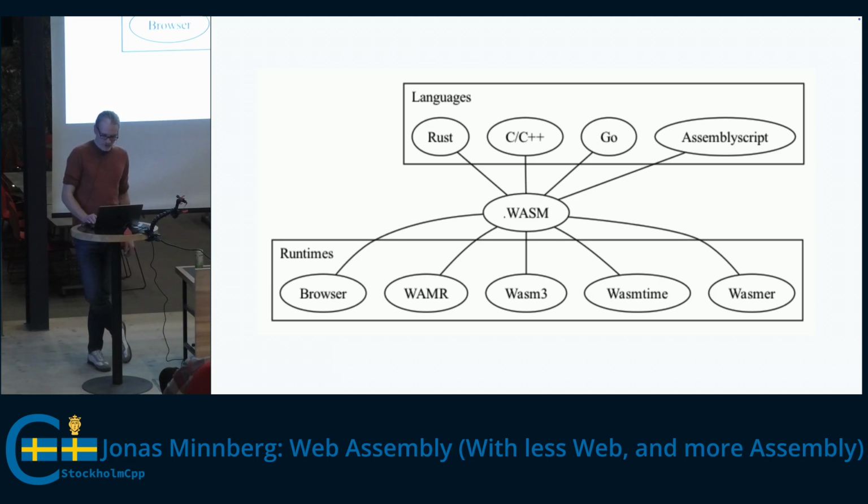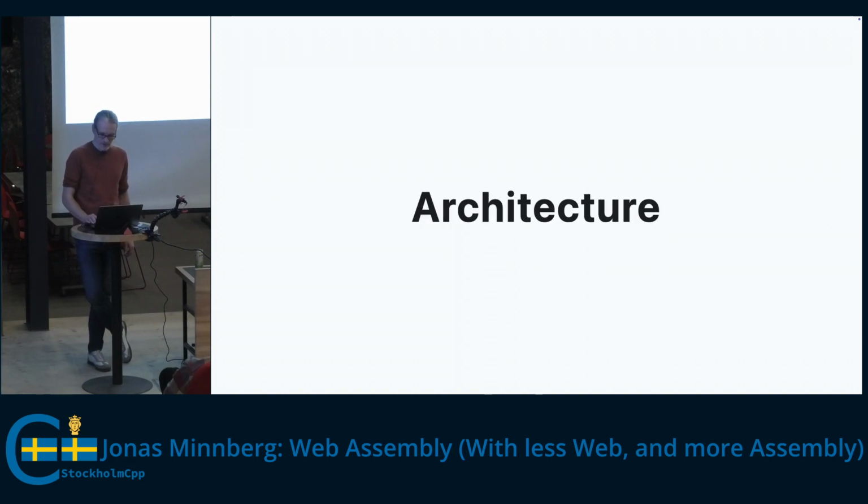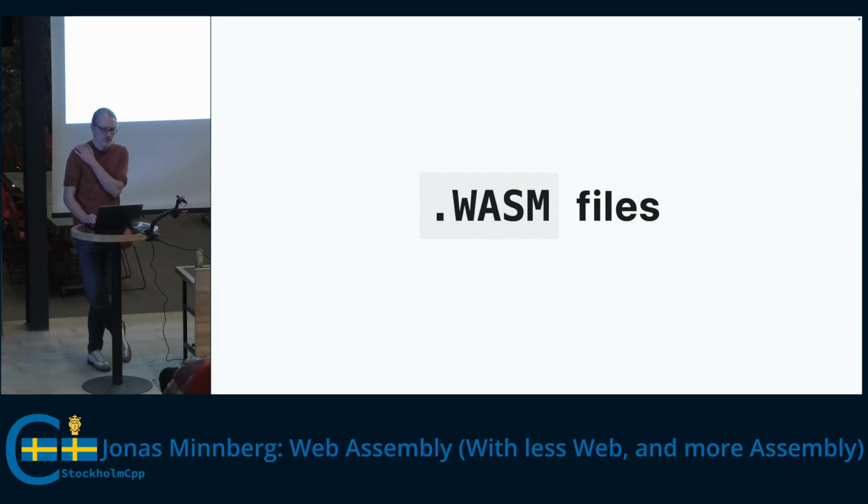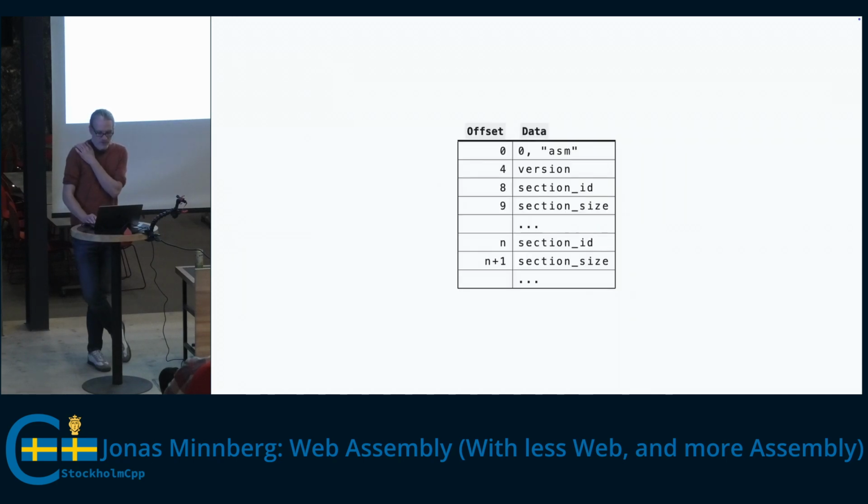So now we're going to get a bit more technical. Let's start with the Wasm files, which are the basic components of this. It's not a magical thing. This is kind of a pointless diagram, but it has a header and a bunch of sections.